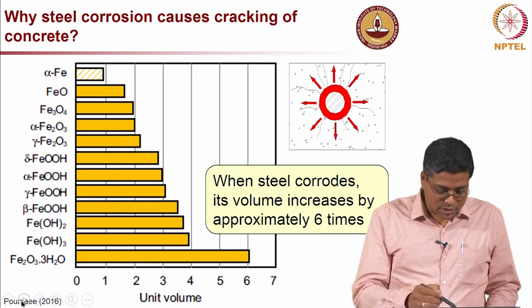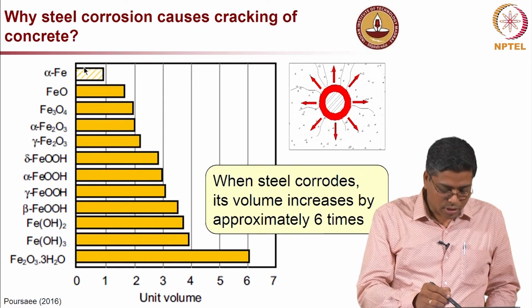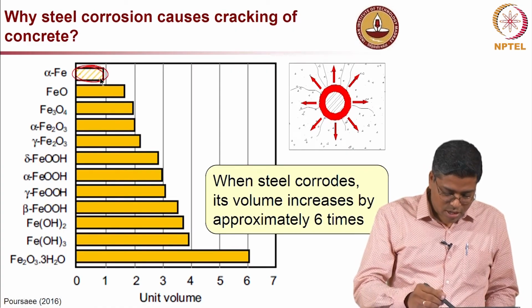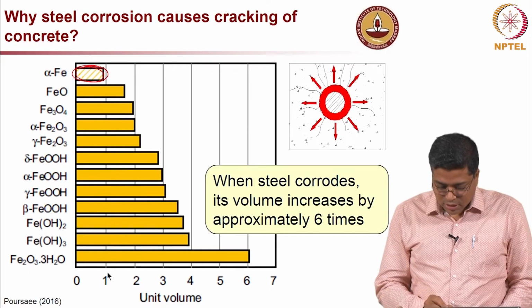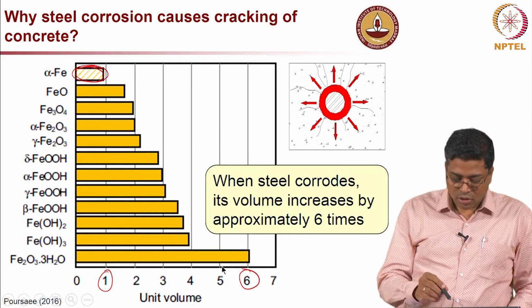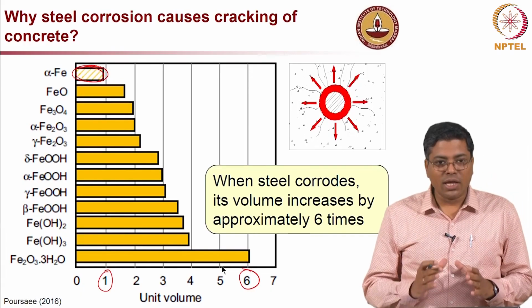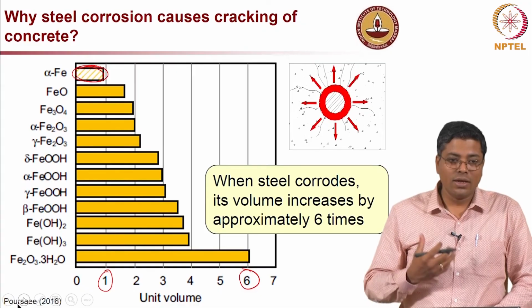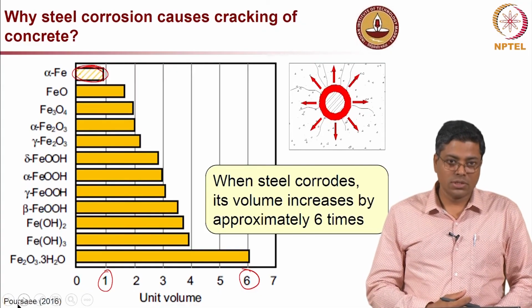Here you can see the uncorroded iron, or steel, for example. When it corrodes and expands, it goes from 1 to 6 times increase. This is all happening within the concrete, and there is a limit to which concrete can resist these expansive stresses.